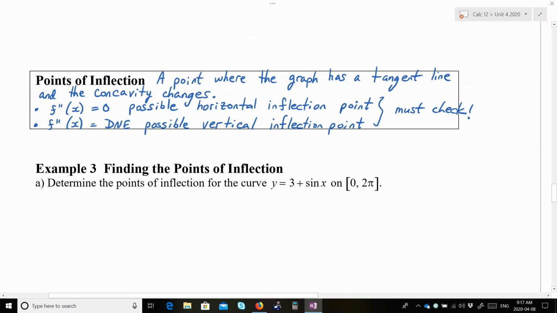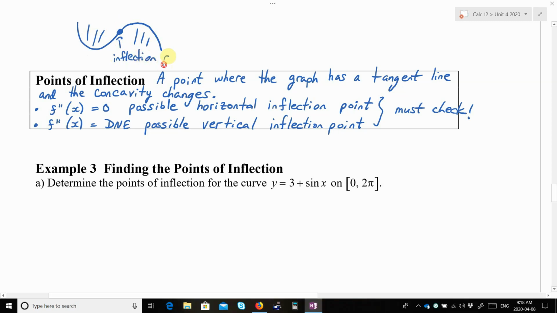Okay, so basically a point of inflection is where concavity changes. Remember we talked about parts of the graph that were concave up like this, and we think of it as holding water. And then there's a certain point where concavity will switch to where the graph is then dumping water, right? And so this point here where concavity switches, that is the inflection point.